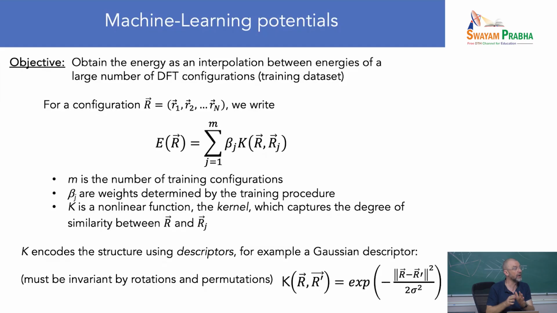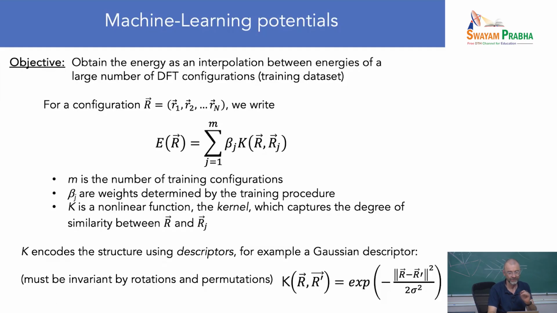That's really the idea. Now, to do the interpolation, we need a way to measure the distance between the configuration I have and my database. And that's done through what we call descriptors. So something that would tell us the distance between the configurations, and then some kernel function that is used to do the interpolation.